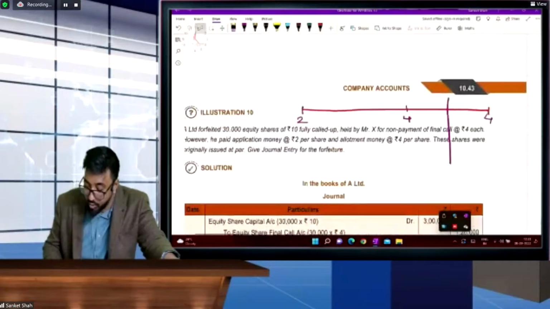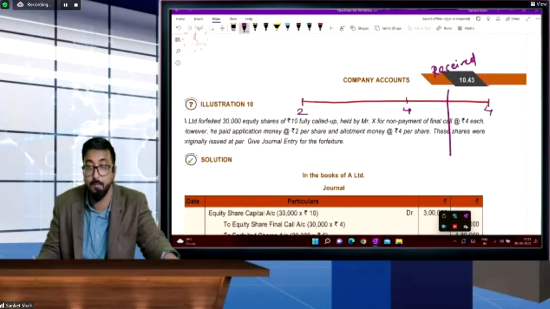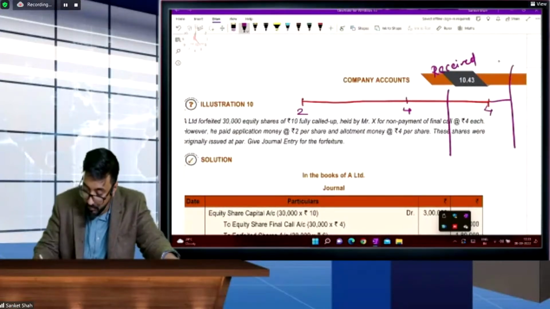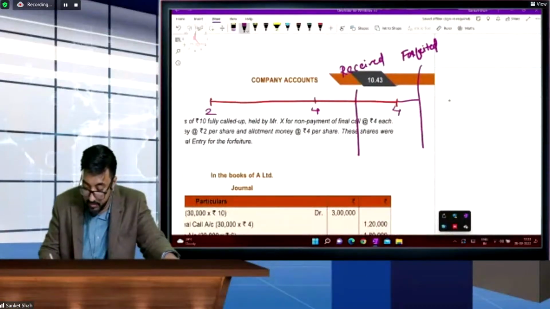Received up to, so this diagram will help you out. Received up to the first line after allotment and second line forfeited. Draw this diagram. Forfeited this line, second line.